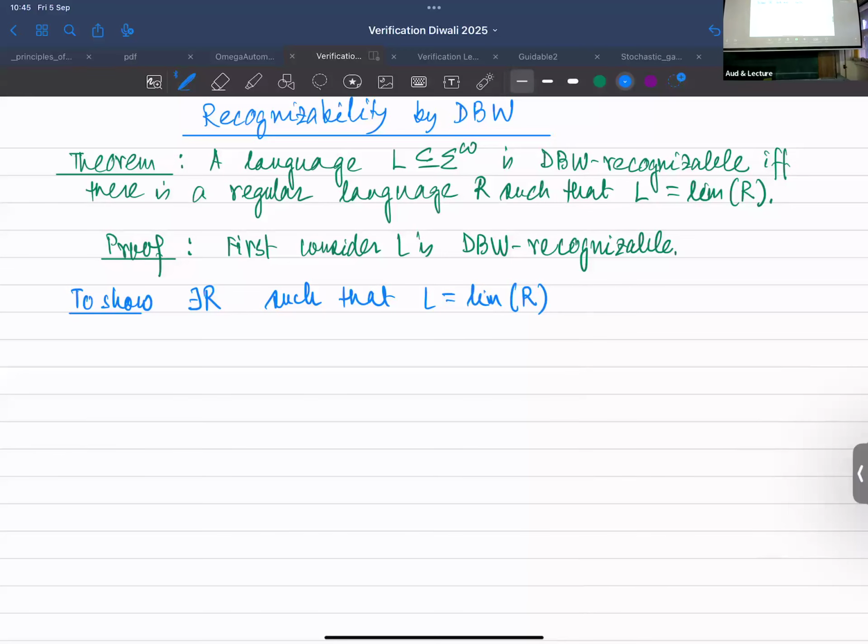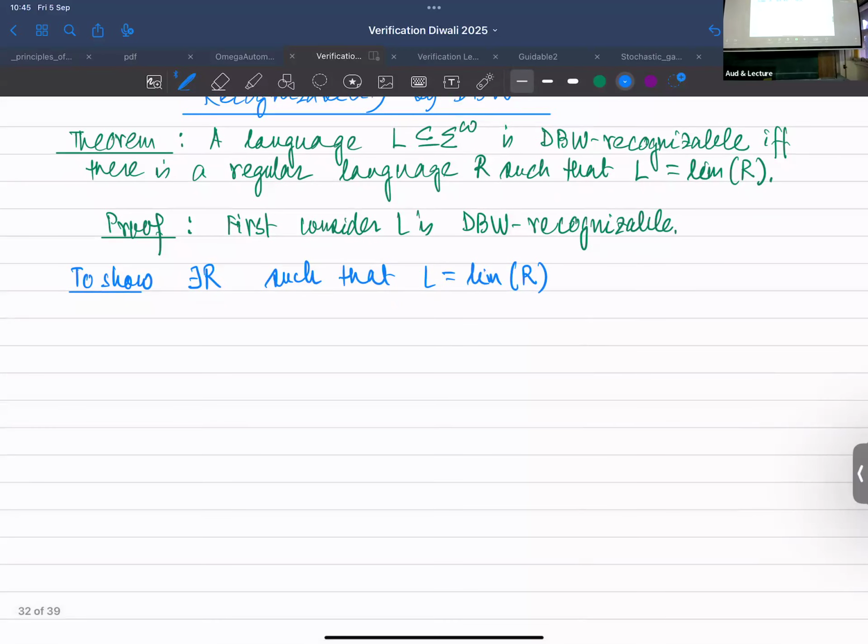Okay, so we have to prove two directions. One is that, so let's say you were right, I can consider a DBW A for L, and now I can think of A as a DFA. Let's say I call it AF, just to say finite words.